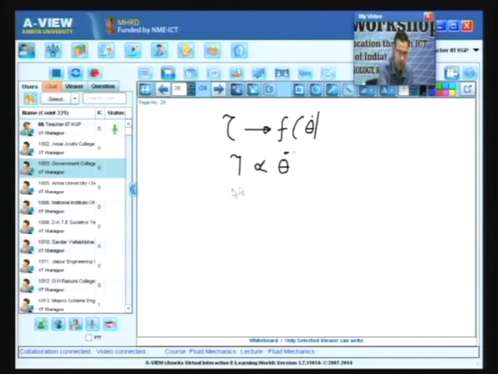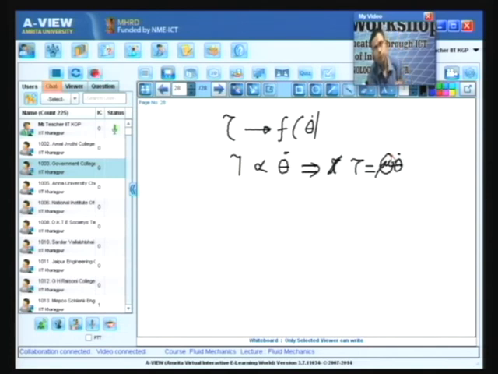The proportionality constant is known as the viscosity of the fluid. So this is mu, this is the fluid property.